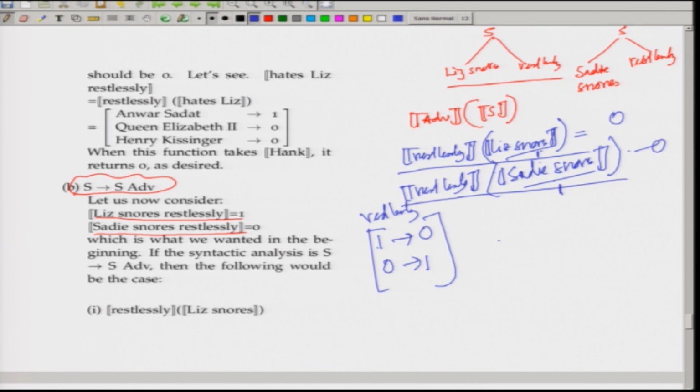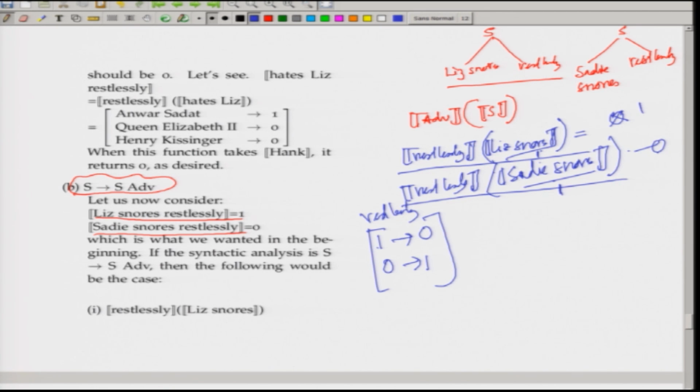It is true that Liz snores restlessly, right. So, that is the problem.